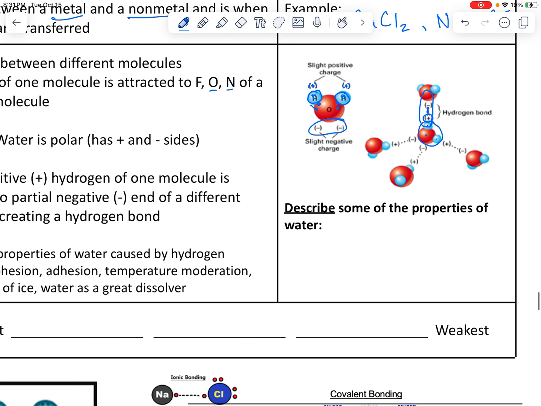Describe some of the properties of water. So you've got solubility, and this is due to things being dissolved by water. Water is called the universal solvent. The solvent is what does the dissolving.